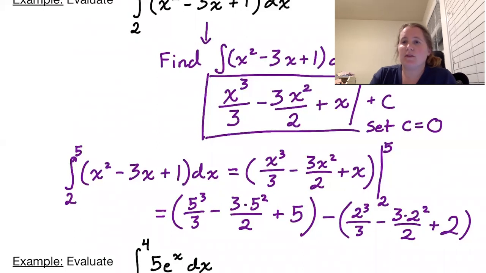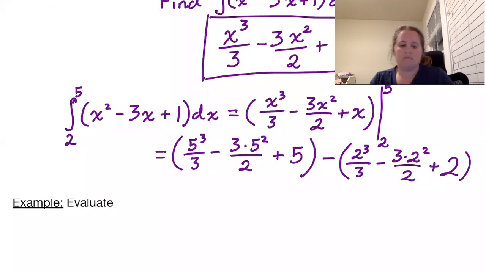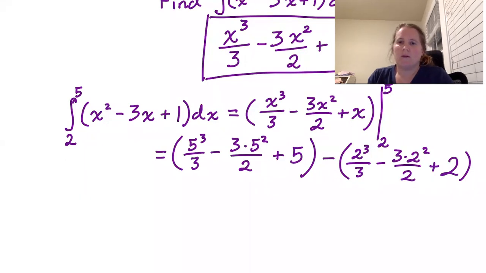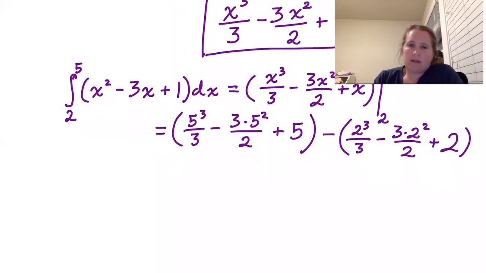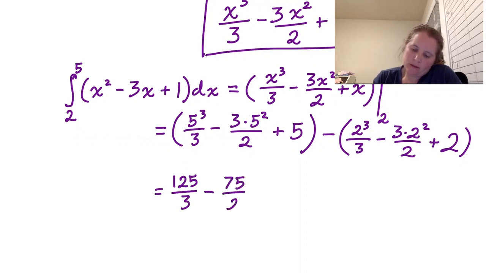I need to give myself a little more space. Okay, so from here, if we do our evaluation, we're looking at 125 thirds minus 75 halves plus 5.